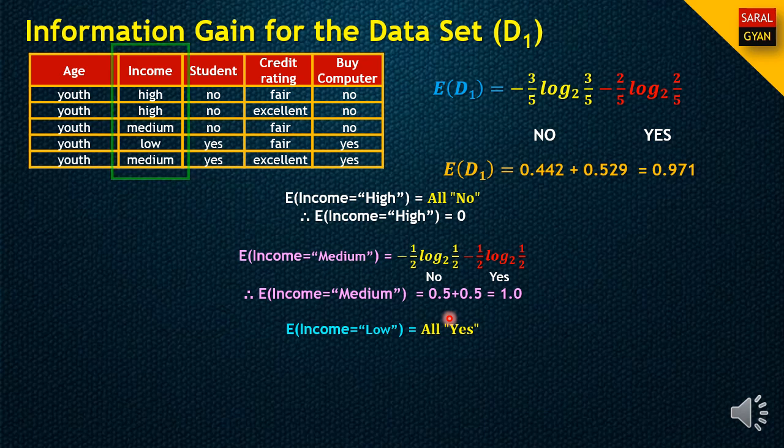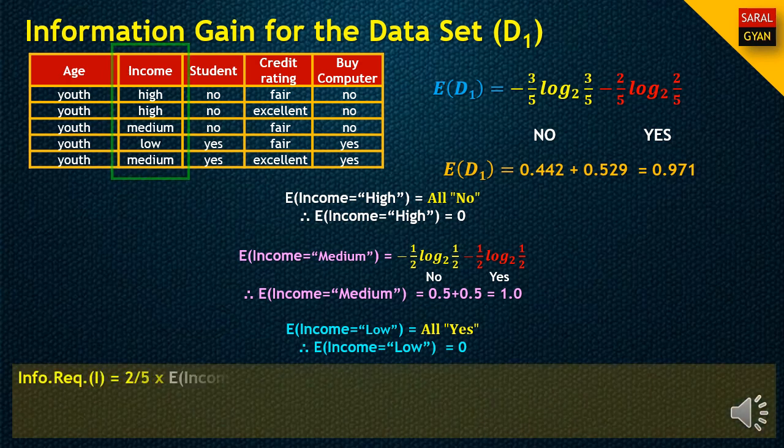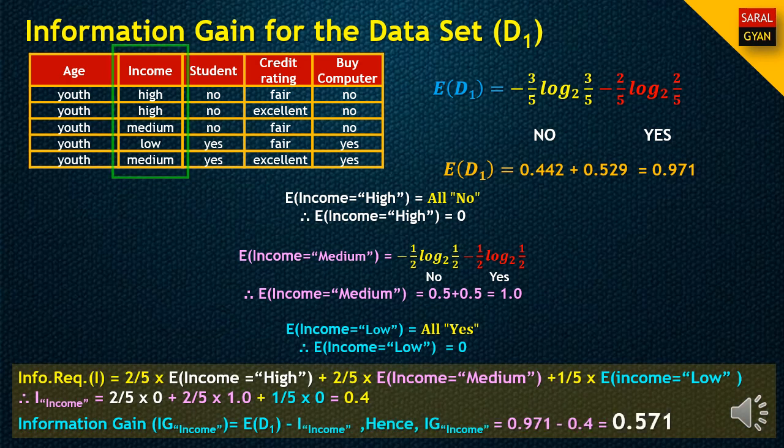And when income equals low, all the values are yes because there is only one entry, so entropy is 0. Hence we can calculate the information gain for this attribute, which equals 0.571. This is the information gain for the attribute income. In the subsequent slides we'll see the information gain for student and credit rating as well.